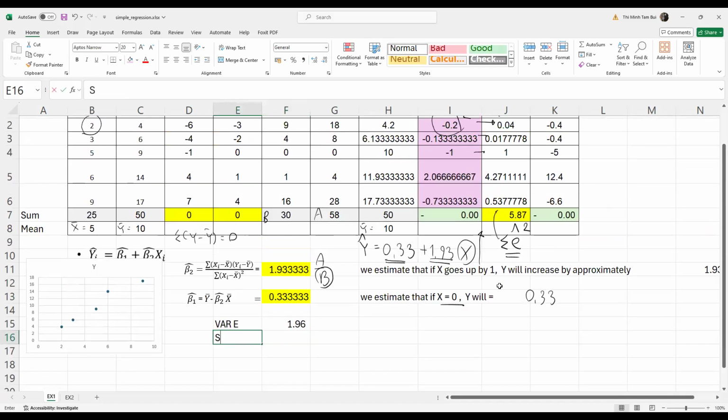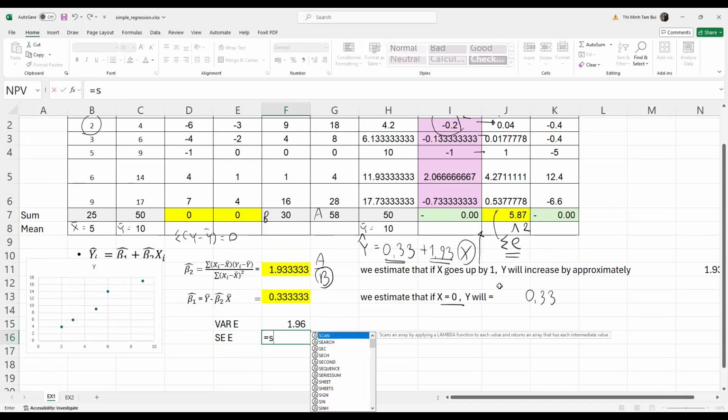And then you can get standard error equal square root, so SQRT. So this is square root of the above number.